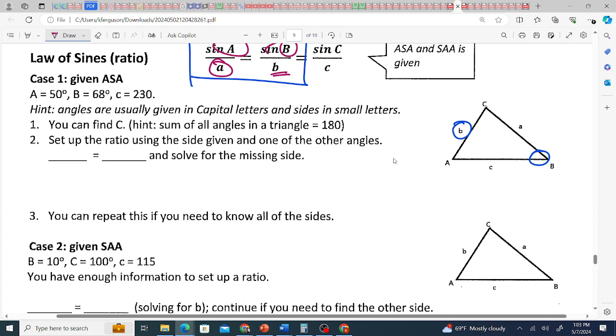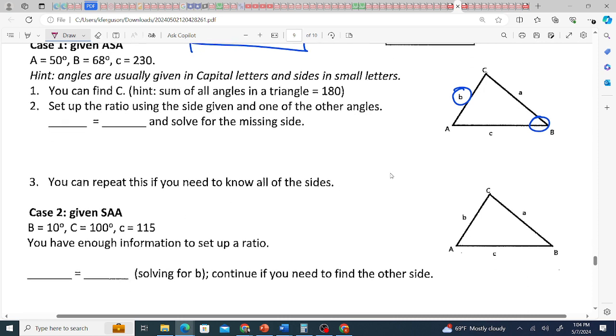So, let's see about this one. It's just a matter of plugging in and chugging stuff, and then you can just put it in a calculator. So, B, C, and little c. B is 10, C is 100, and that's 115.